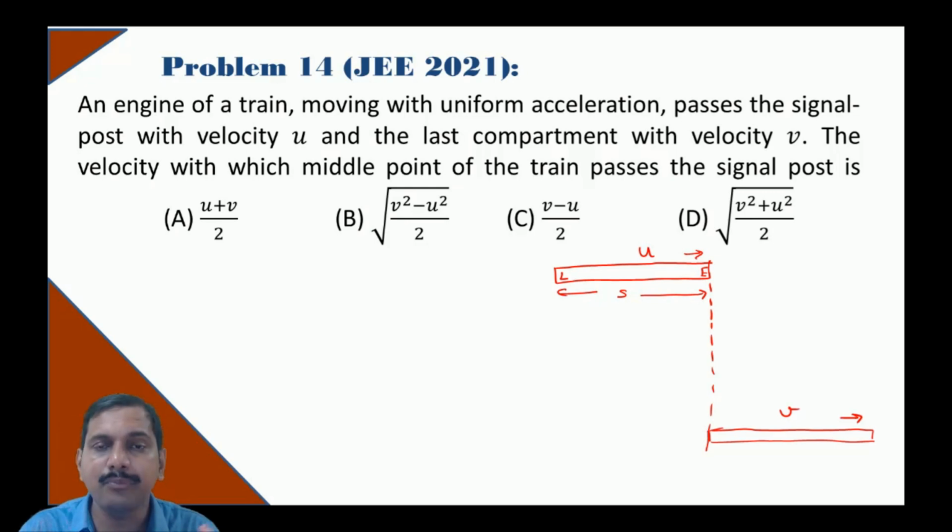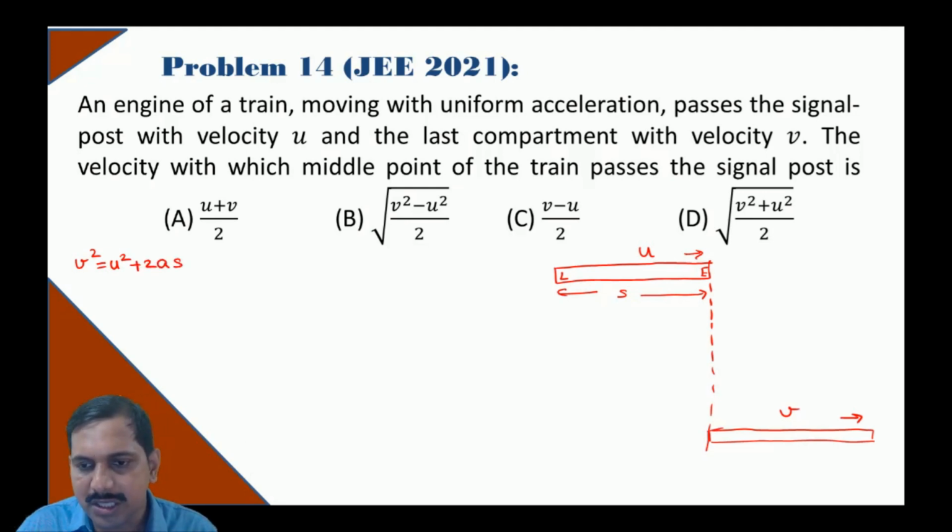So by that time, when the whole train moves through the signal post, the train would have moved by a distance of s, which is the length of the train. So here you see we know u, we know v, we know s. We do not know the acceleration, but it's okay. So the equation we will be using is v square is equal to u square plus 2as, right?